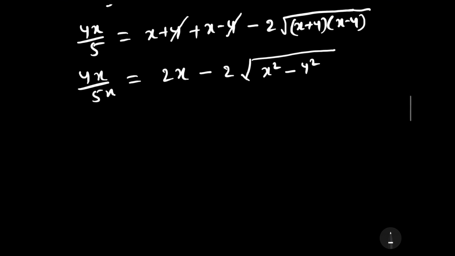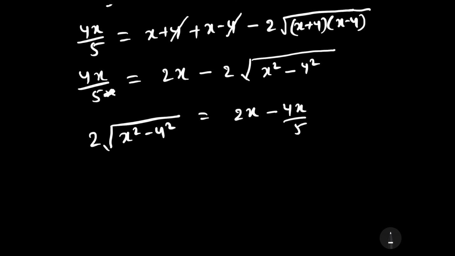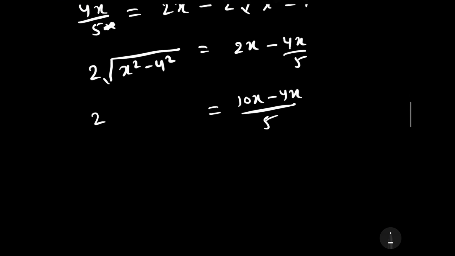Now further we can write it as 2 into square root of x square minus 4 square is equal to 2x minus, sorry, this is not 2x, it is 4x upon 5. Taking LCM, we will have 5, and this will equal 10x minus 4x, and this is equal to 2 square root of x square minus 4 square.